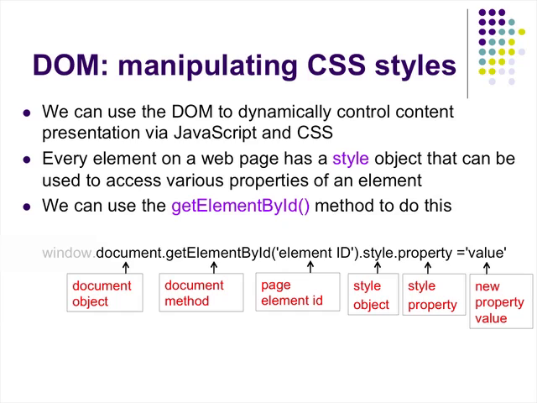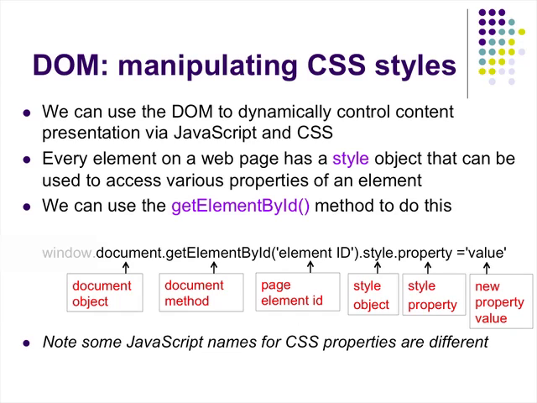And mostly the properties have the same name as you expect them to have in CSS. So things like border or margin or color. The only difference from that is that if the CSS property contains a hyphen, then we take out the hyphen and make the following character uppercase.